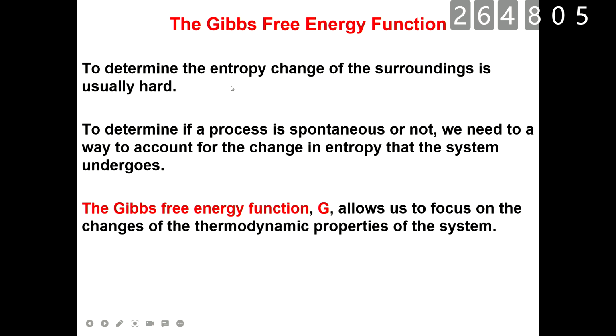You know, determining the entropy change of the surroundings is usually very hard. For example, after the reaction, the entropy change of the environment is hard to determine. So, to determine if a process is spontaneous or not, we need a way to account for the change in entropy that the system undergoes.